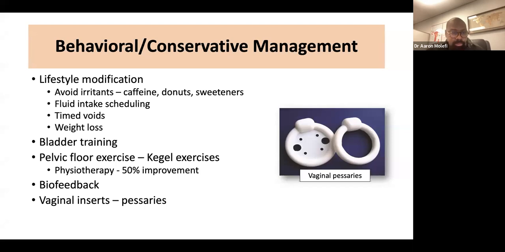Biofeedback mechanisms, vaginal inserts like pessaries, especially a ring pessary with a knob, as demonstrated on the slide, actually help better, especially those patients that have stress incontinence, because it's an issue of pelvic support. So you want to just support them so that they're able to be continent.